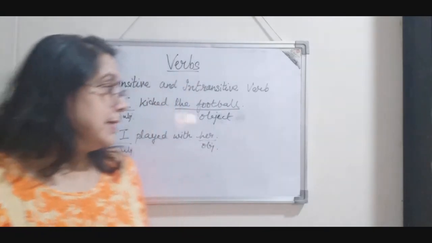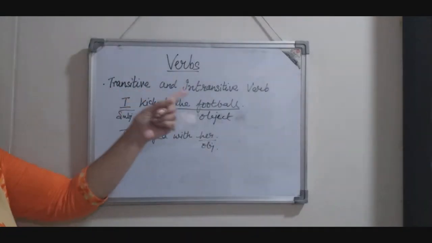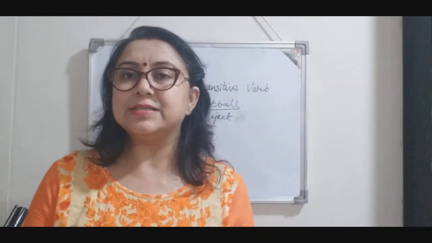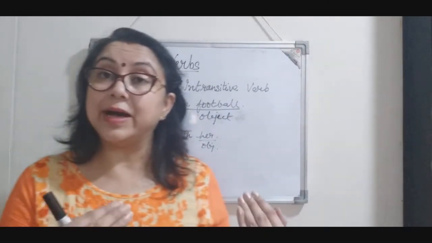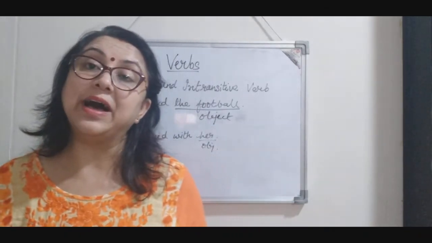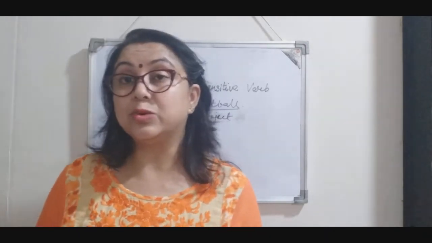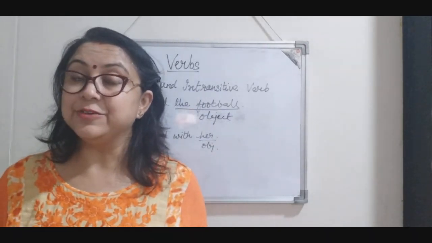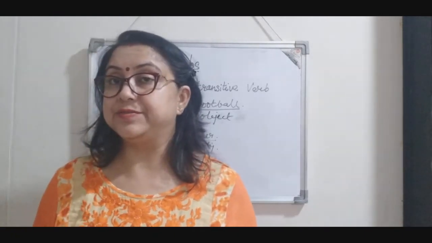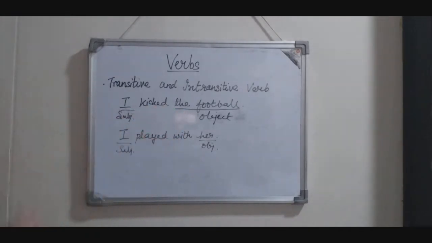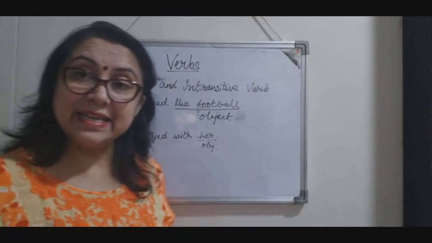Now, let's get back to transitive and intransitive verbs. It's very easy to understand once you have understood object. Now that you have understood object, it's very easy to find out whether the verb is transitive or intransitive. Let's see how. Here in these sentences, the object is there.